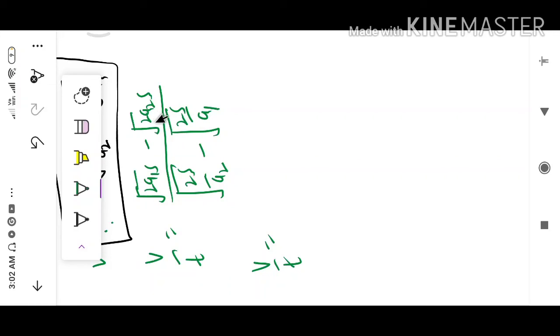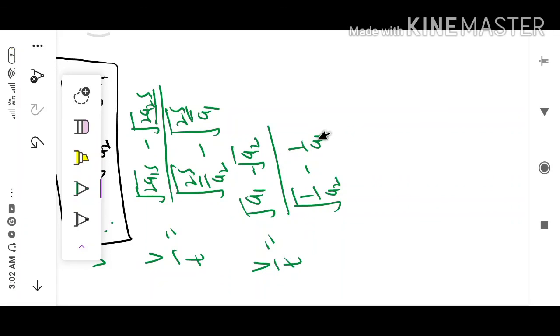Here root 2s is common everywhere, so it will get cancelled. So finally what we get is root of a1 minus a2 divided by root of 1 upon a2 minus 1 upon a1.